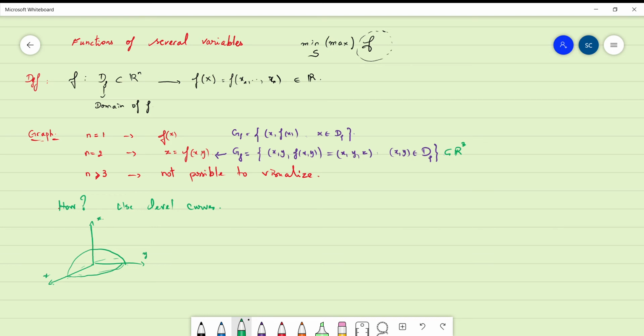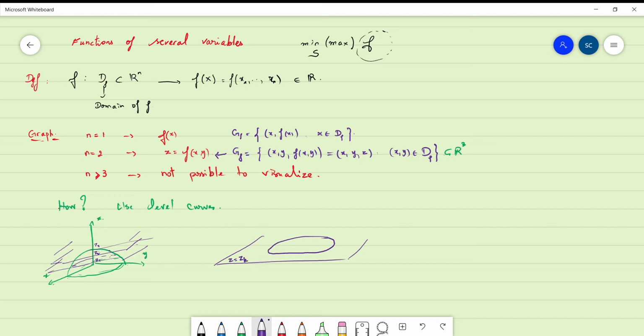I can imagine a set of parallel planes cutting it at several levels z1, z2, z3, etc., and look at the intersections. In some plane, the intersection will have a shape like that, at level z equal zk.